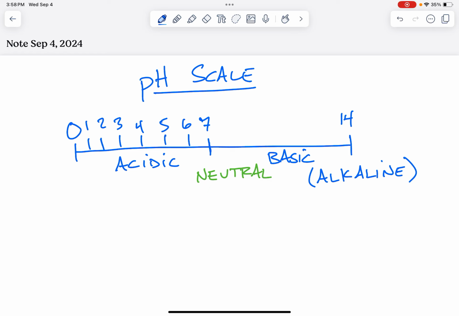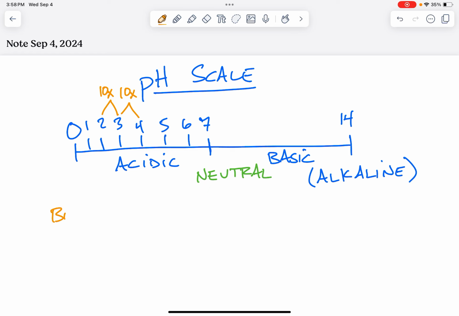Every change in one pH is a 10 times difference. Between 3 and 4, there is a 10 times difference. Between 3 and 2, there's a 10 times difference. And that means the pH difference between 4 and 2 is a 100 times difference.